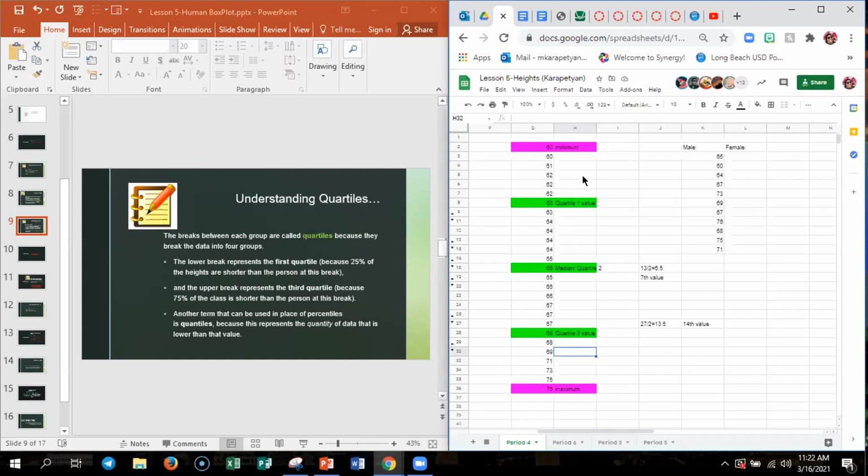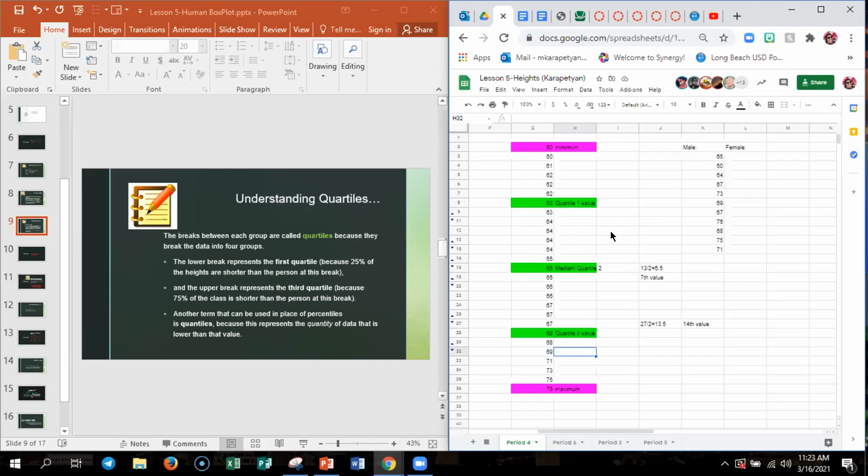When we say the quartile 1 value is 63 inches, we're saying that 25% of our data is shorter than 63 inches. 25% of the heights in our class are shorter than 63 inches. Thanks, Val. That's what that means.